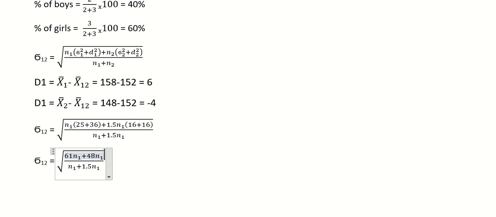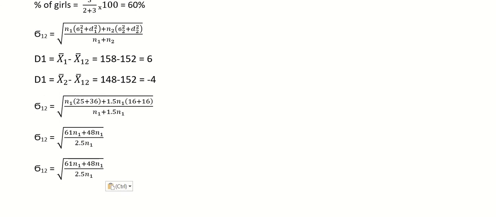I'm just removing the rest of the values, and 1.5 plus 1 is 2.5. So this becomes 2.5 N1, right? Now I will solve it. So 61 plus 48 is 109. 109 N1 divided by 2.5 N1. So here N1 by N1 would be cancelled out, and 109 by 2.5 is 43.6.